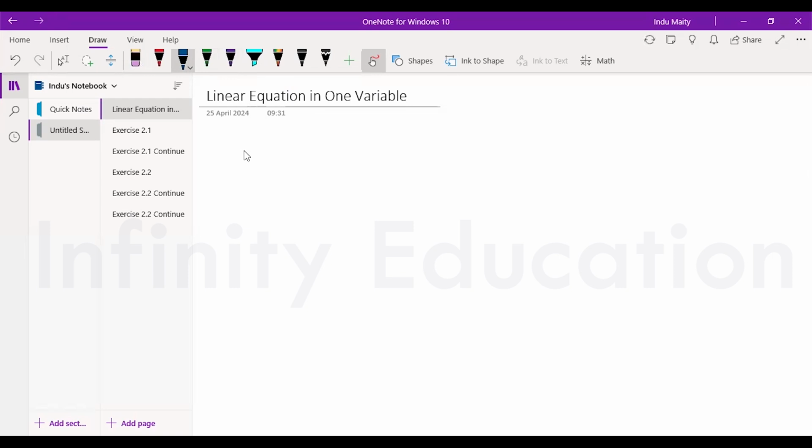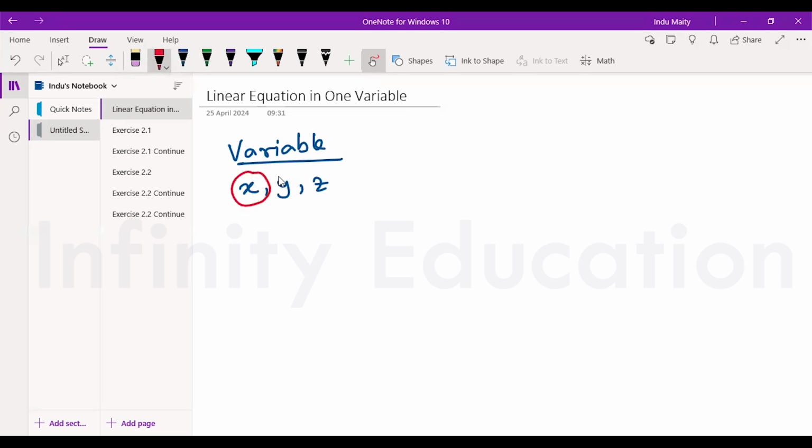Before we start learning to solve linear equations in one variable, we will first try to understand what a variable is. A variable is something whose value changes from time to time, for example x, y, z, and so on.